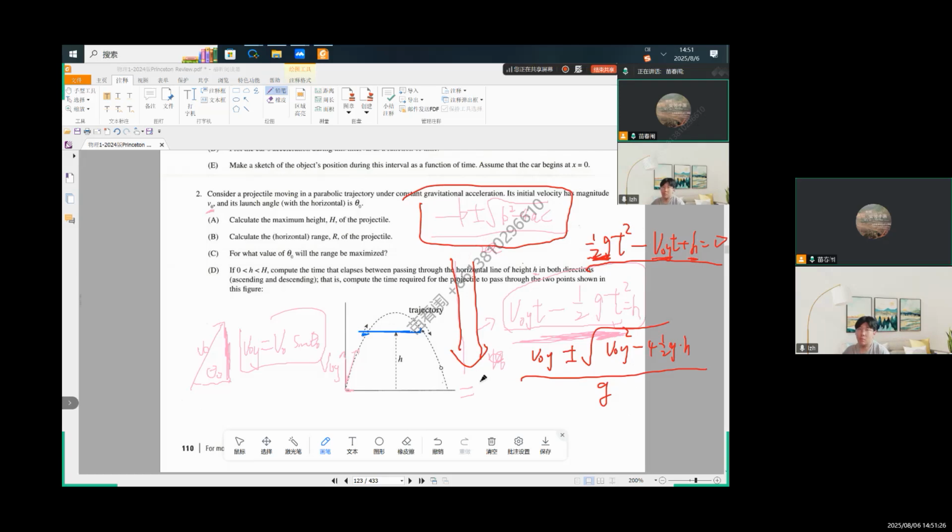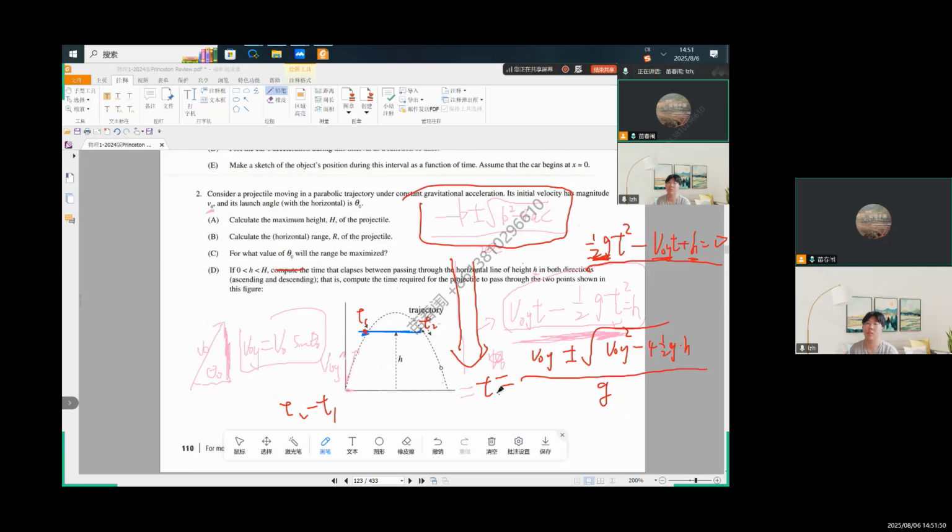So now I have t for 2, right? Because I have a t1 in here, I have a t2 in here. Is that making sense? Yeah. So what's the final? They said compute the time between this horizontal line in both directions, which is t2 minus t1, basically, right? Yeah.